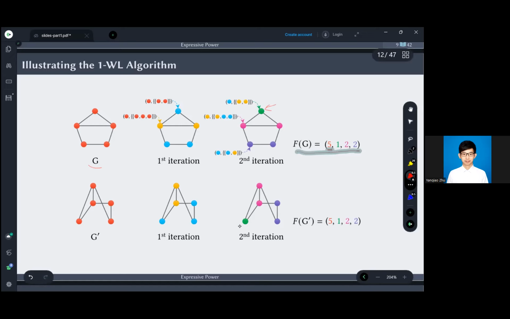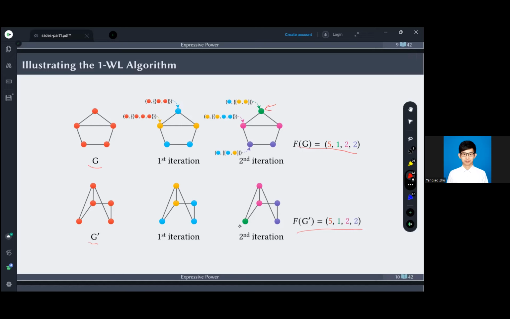So the graph representation can be written in this way, and similarly for the other graph. And because the two runs of the algorithm give the same result, the two graphs will result in the same representation. So we conclude that G and G prime are isomorphic to each other.